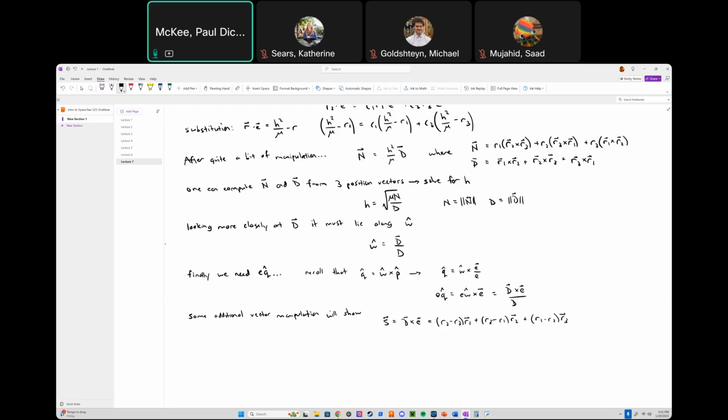So this is done just to save us a little bit of time. Once again, we have some vector which is built out of some combination of R1, R2, and R3. Finally, we can say EQ is just S over D. All right, so we're done.